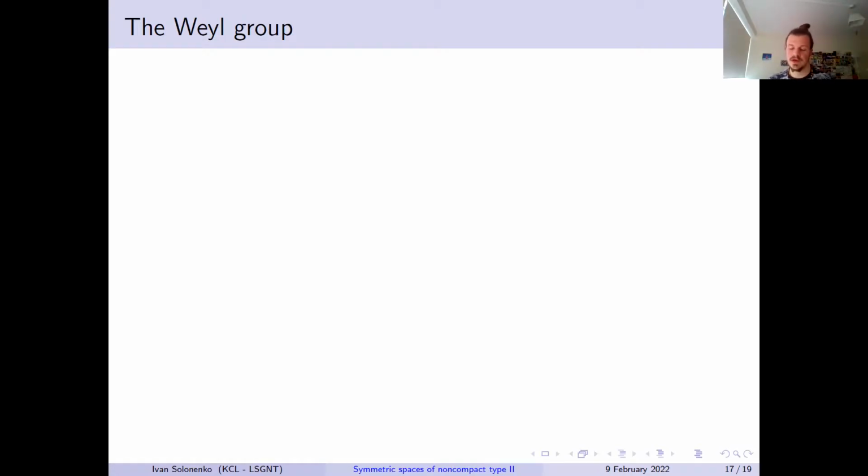And for them, we constructed their Dynkin diagrams, weighted Dynkin diagrams. Now for every root system, there is a corresponding Weyl group. You can also describe this Weyl group in terms of the corresponding symmetric space of non-compact type and its isometries. So this is what I'm going to do in the last 5 minutes.